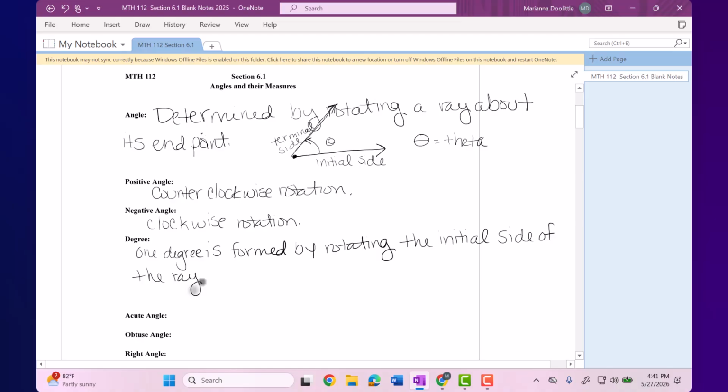And you're going to do that rotation of that initial side by 1/360th of a complete revolution.